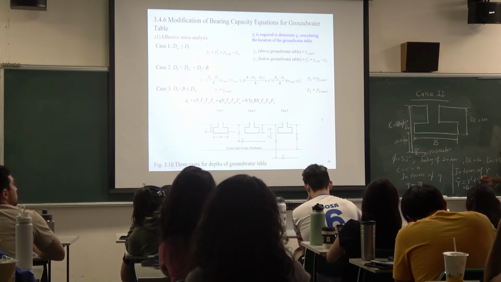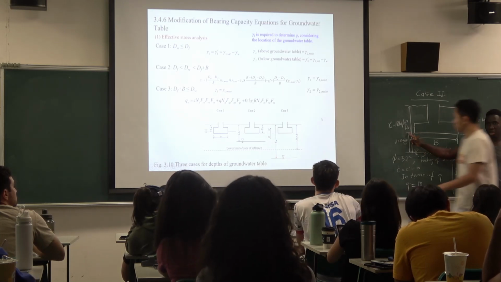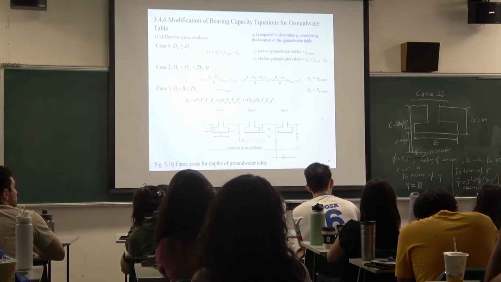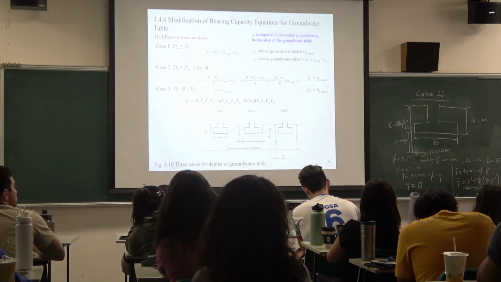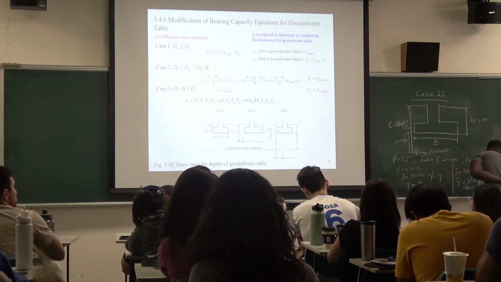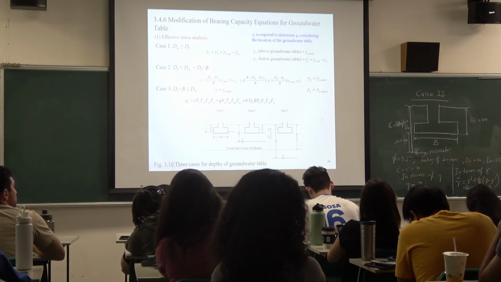What do we substitute for the D in this? 0.5. Yeah, 0.5. Because the D will be the distance from here to here, okay? So this D over B is some sort of a gradient. So it will be 0.5 divided by B. What's the B for the footing?